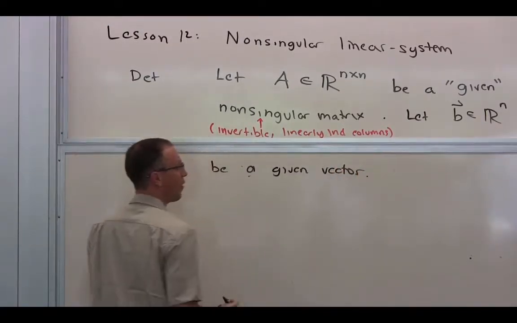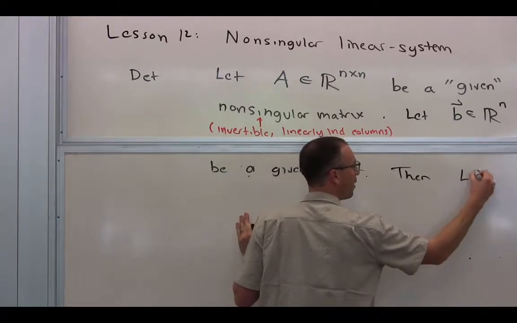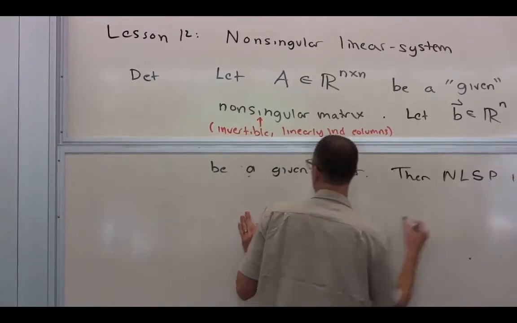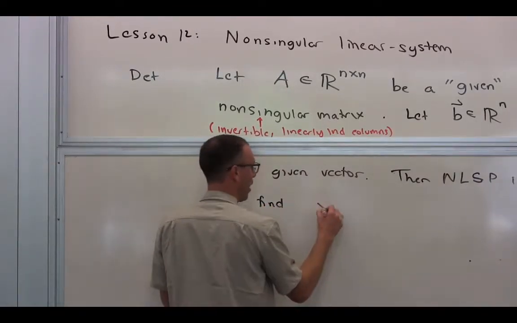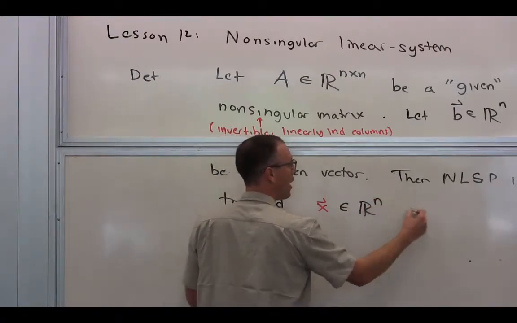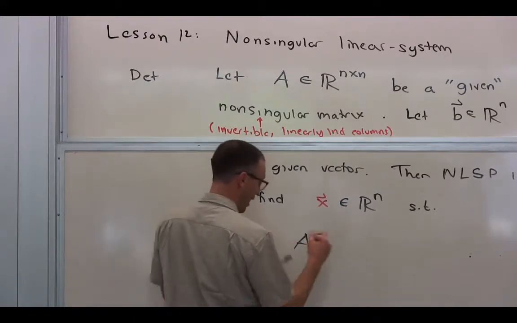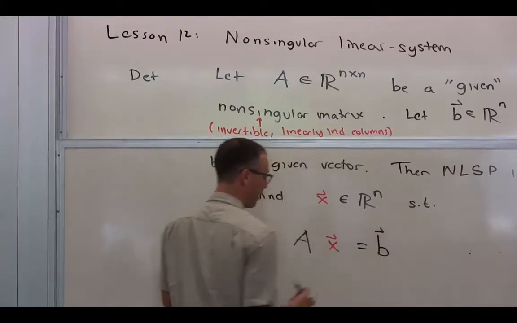Let's suppose right now that it's given. Then the NLSP, the non-singular linear systems problem, is to find what? Unknown x in Rn such that what is true? A multiplied by the vector x is equal to the vector b.